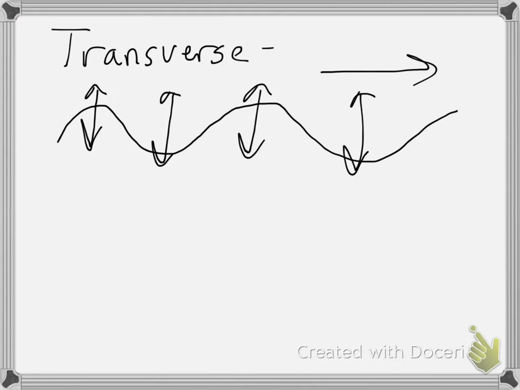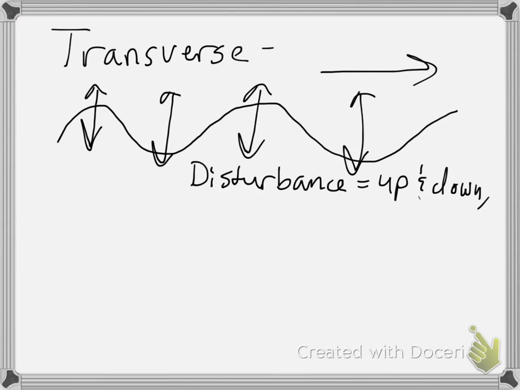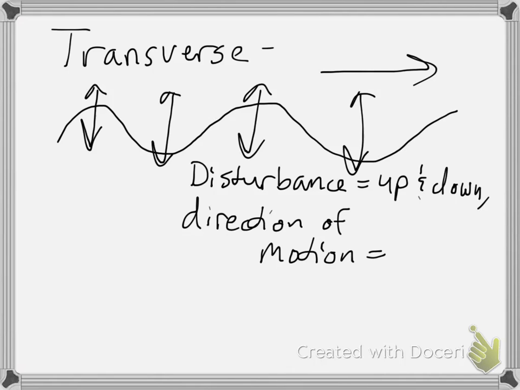So the disturbance is up and down, but the direction of motion of the wave is forward. Right? So that's a transverse wave.